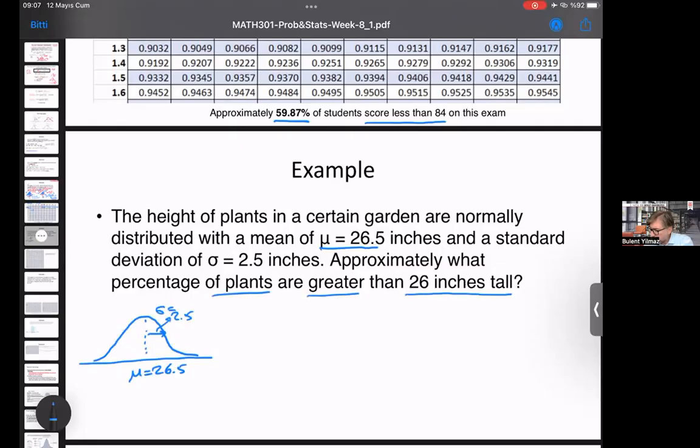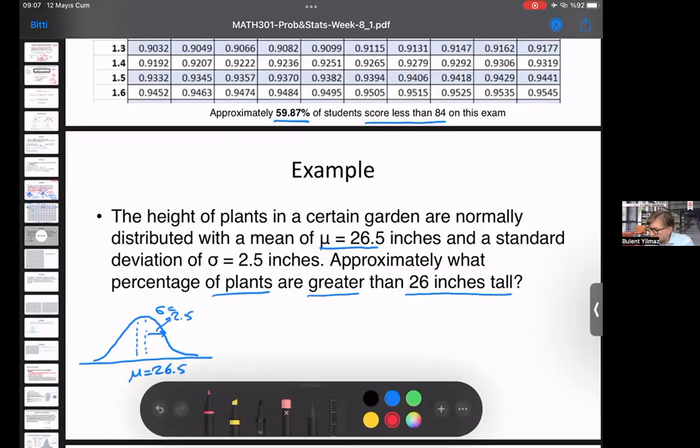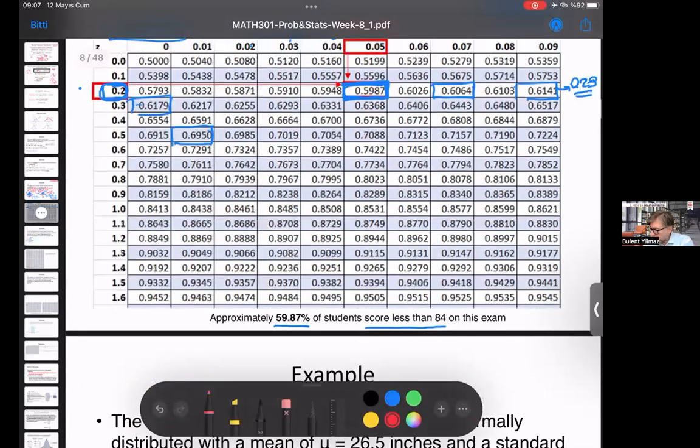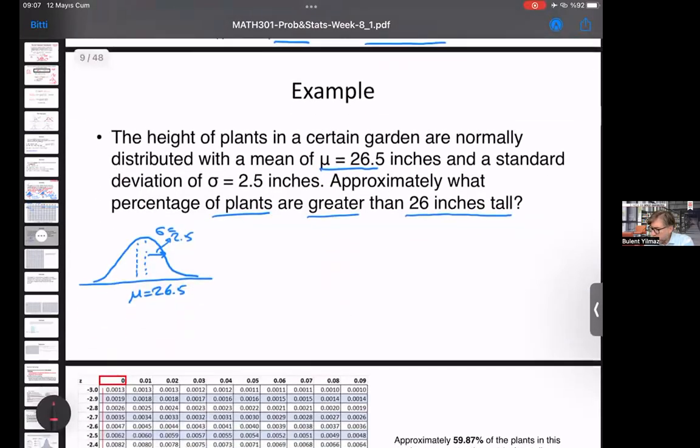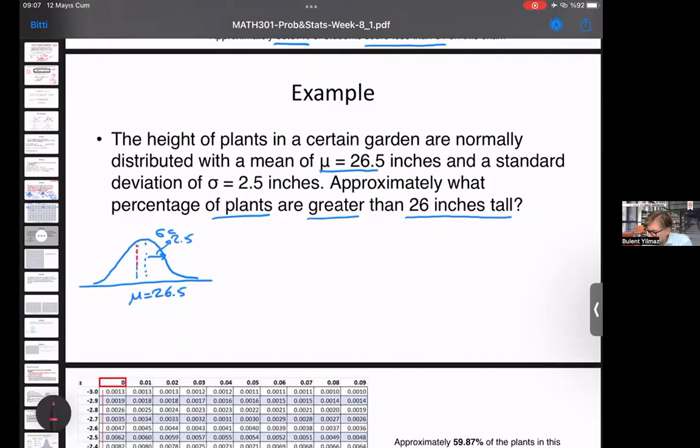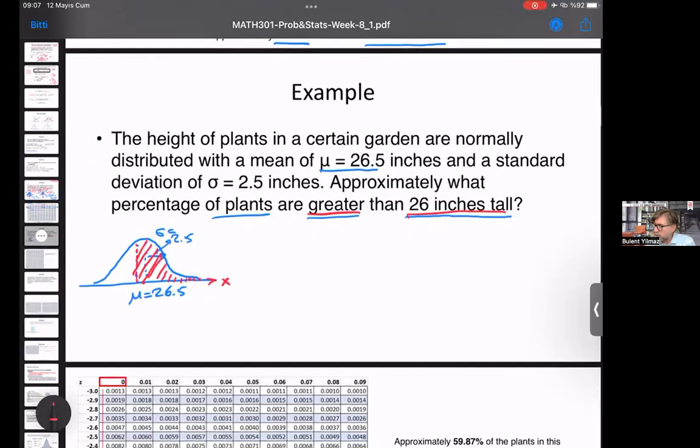What does it ask? Let me go to the green, red again. Now, I need this, and I want you to find out the area here, okay? Greater than 26 inches tall. So, what is the probability of obtaining a plant whose height is greater than 26 inches?